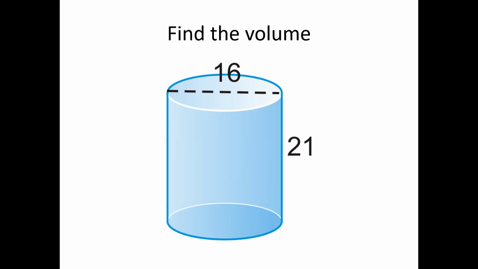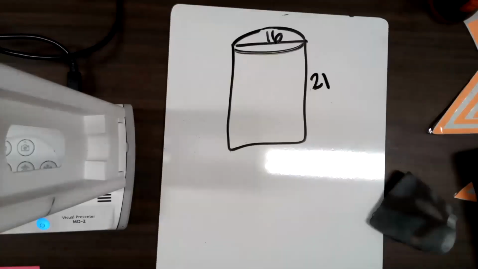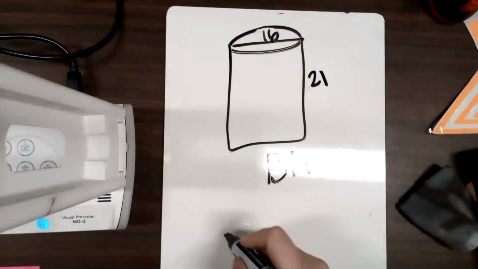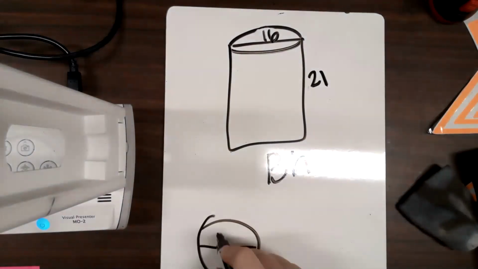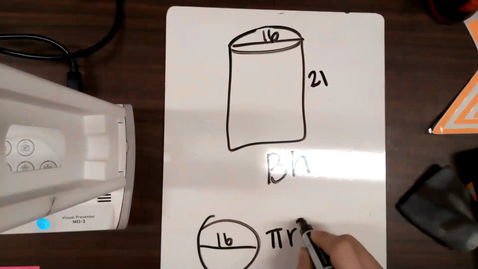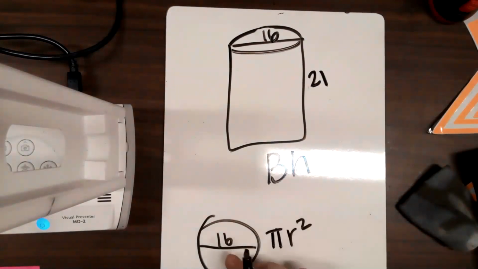All right, let's go over this thing. So I got to find the area of my base, which is pi r squared. My radius is half my diameter.